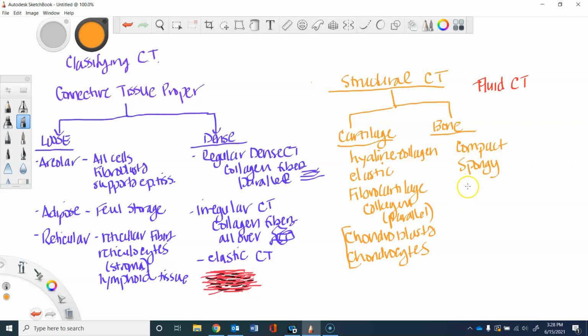So it's got lots of solutes in the form of calcium salts. It has osteoblasts, and they're going to secrete matrix and make a lacuna, just like the cartilage. Osteocytes are going to maintain that matrix there.